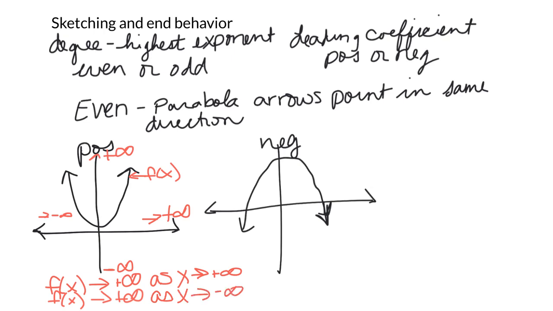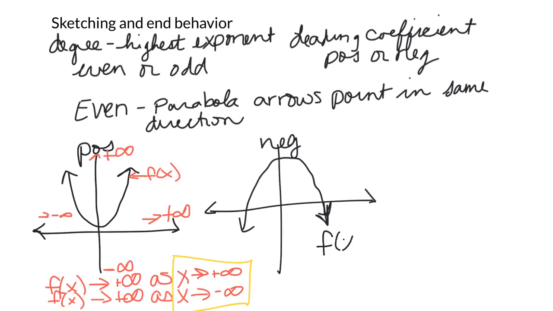Now this part is always going to stay the same because you're always talking about what happens on the positive x-axis and what happens on the negative x-axis. What changes is the f of x part. They're both positive, so these both go to positive infinity. So you can really set up your problems to look like this.